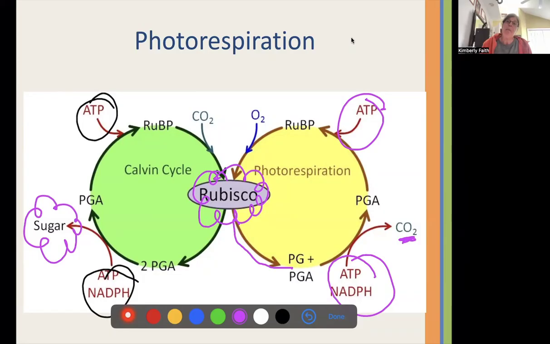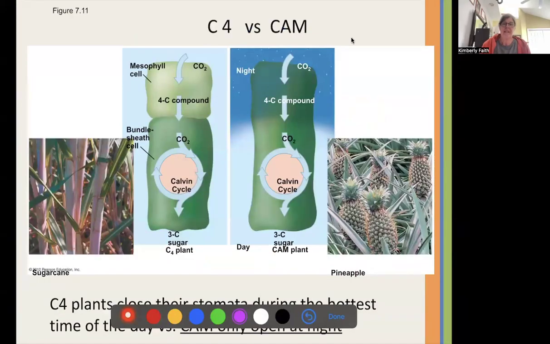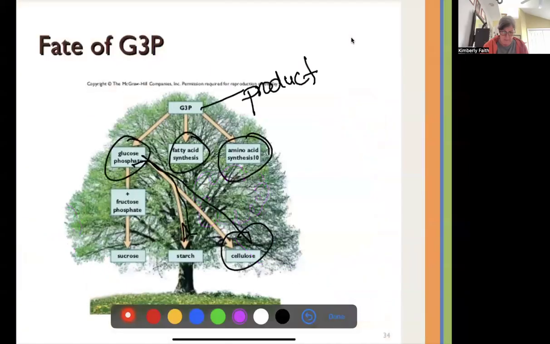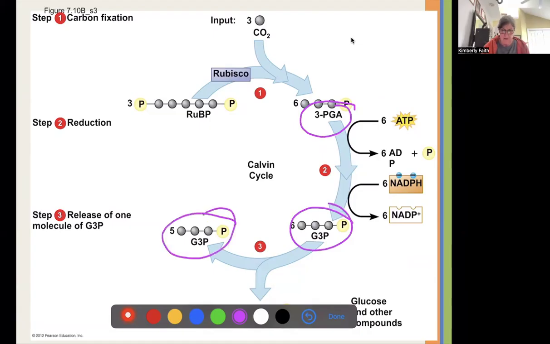So some plants have formed adaptations to cope with this photorespiration. All right, so that's C4 and CAM. Now I want to go back. Wow, that's a mess. Okay, I'm just going to leave it like that. Notice three carbons, three carbons, three carbons.